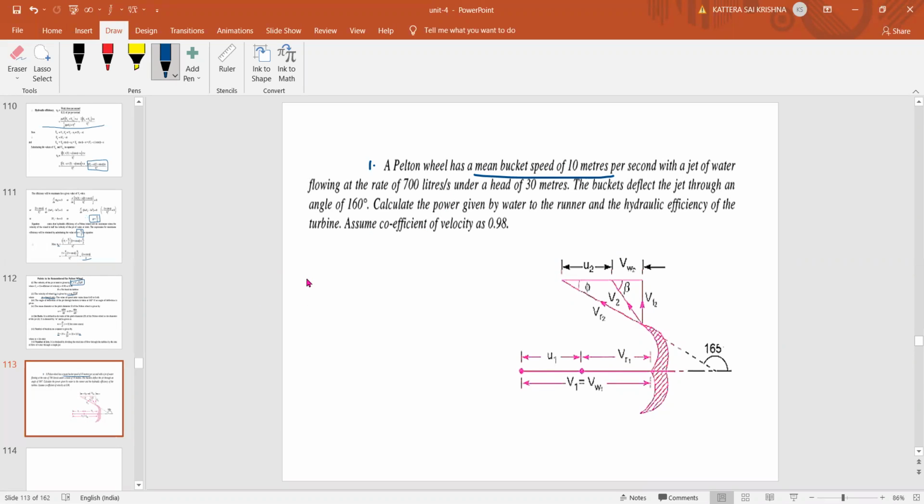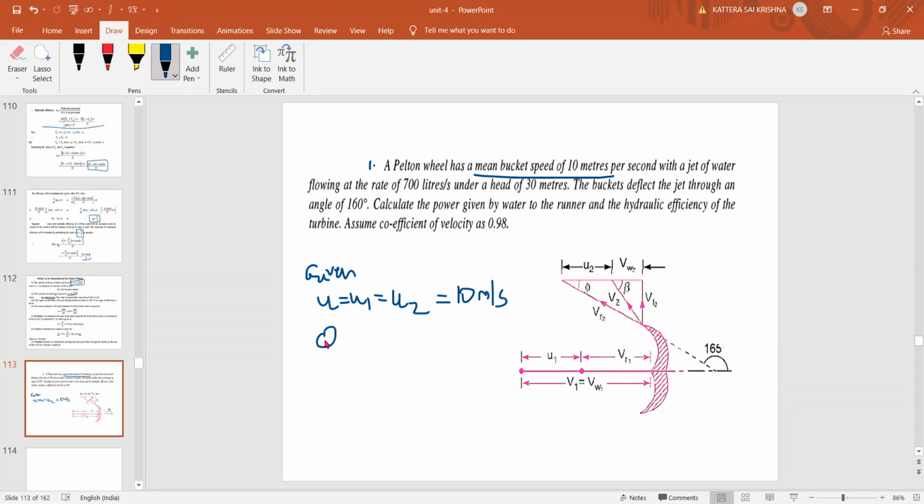So I'm writing here only. Given: U equal to U1 equal to U2, which is called the mean bucket speed, which is 10 meter per second. Next, a jet of water flowing at a rate of 700 liters per second.